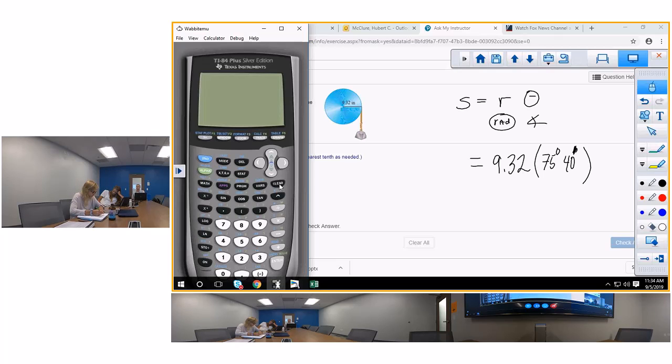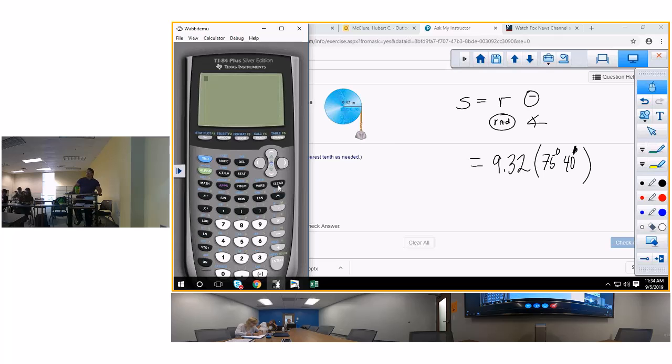So I'm going to, first of all, you got to change 75/40 into what? You got to change it into decimal degrees. You don't have to, but that's the easiest way for your calculator. So I'm going to go ahead and hit 75, second apps, degrees, enter, and 40, second apps, minutes, and hit enter, and you got that.